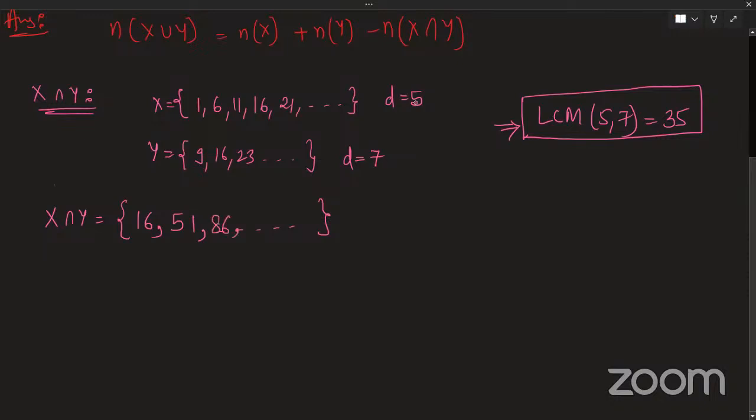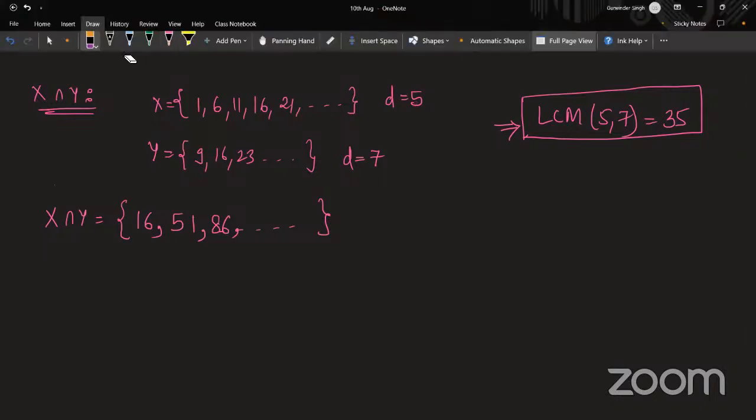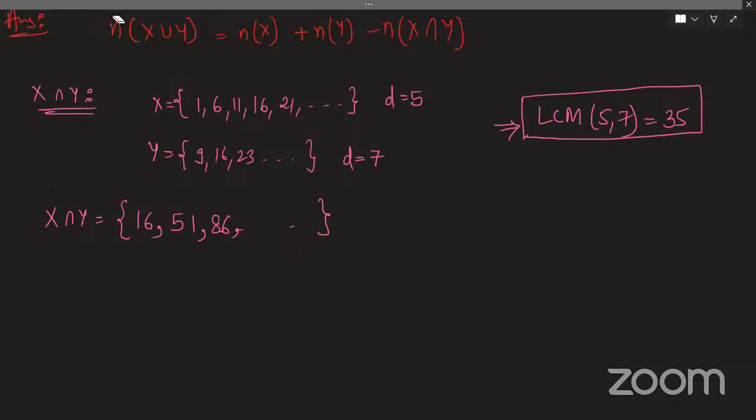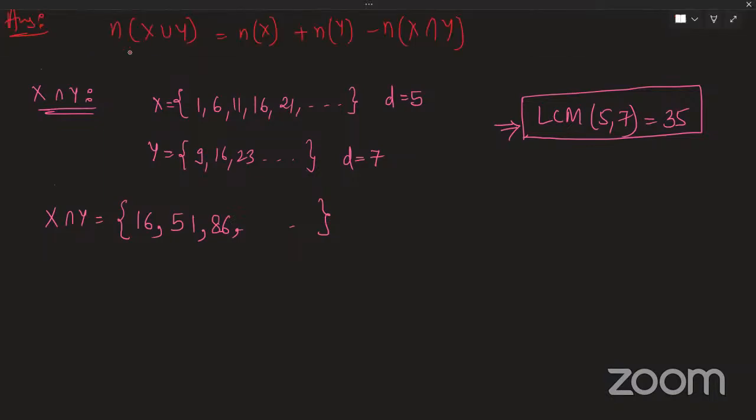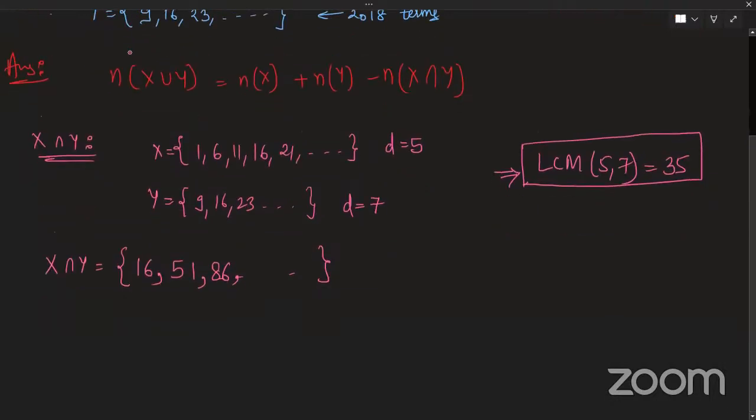Fine. But I don't need to go on calculating this because the number of terms is large. I need to calculate the number of terms in this x intersection y. Can you tell me till what range my last term will be? Do I know something about my last term?